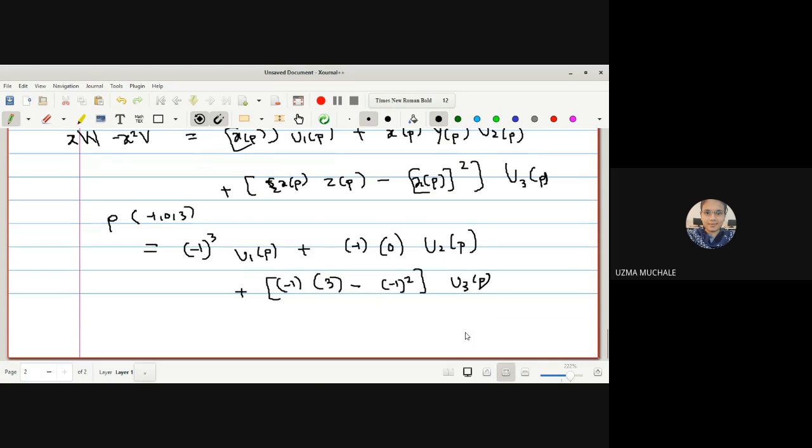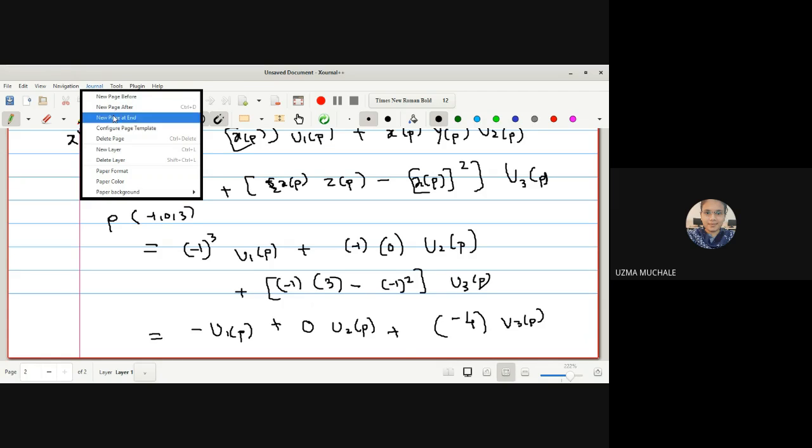Okay. So you just have to put in the values of x, y, z wherever they appear. That is -1 u1 at P, plus for u2 what coefficient will come? 0. And -3 -1, it is -4 u3 at a point P. So in general, what we can write is the value of this vector field at a point (-1, 0, 3).